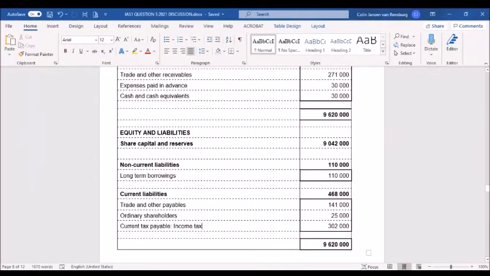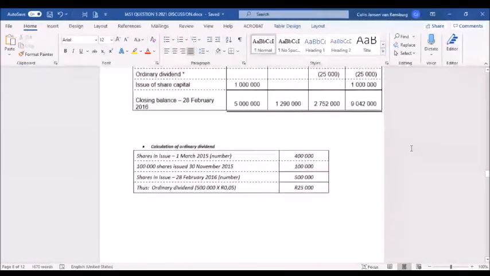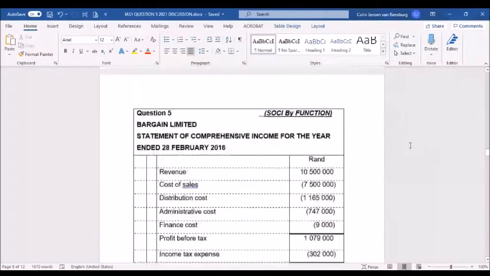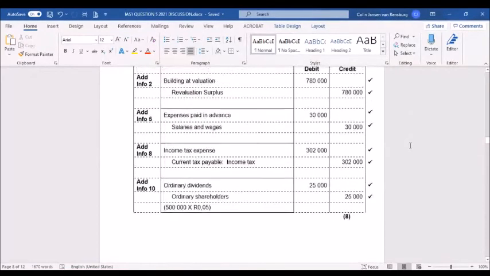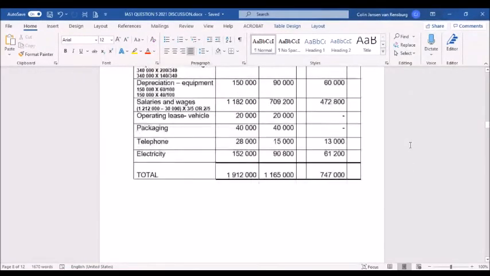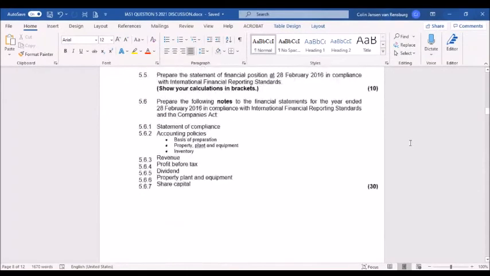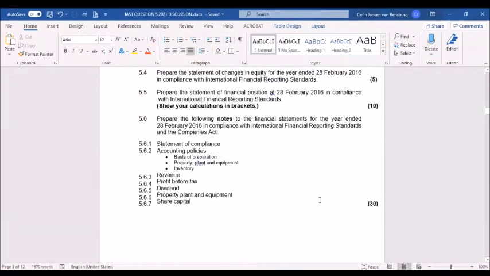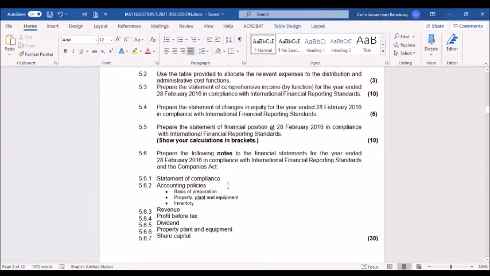Okay, so then all that is left for us are the notes. So let's go and have a look at the notes. We're not going to disclose all the notes that are required here yet. Some of them we are only going to learn about next term. And the property, plant and equipment note, you already know. So the notes that we are going to look at are the statement of compliance, first of all. Then amongst our accounting policies, the basis of preparation.